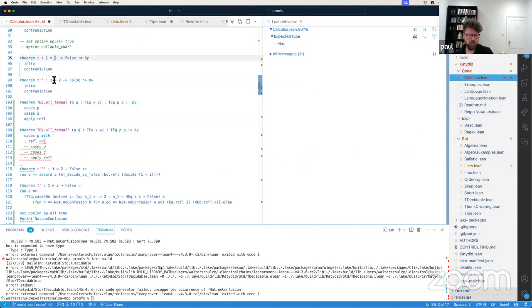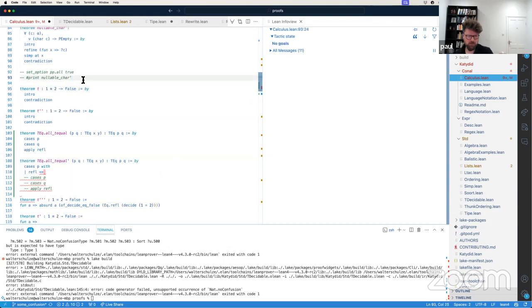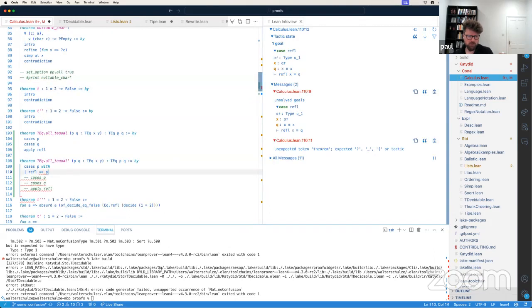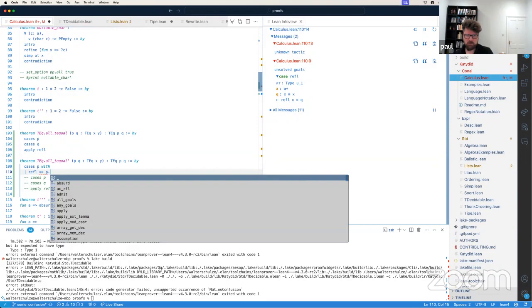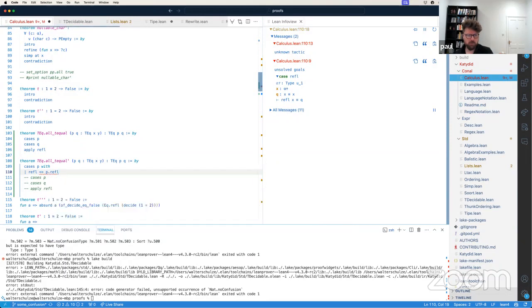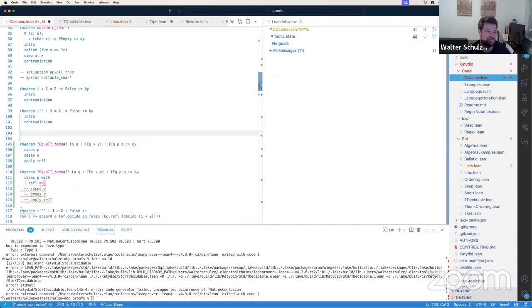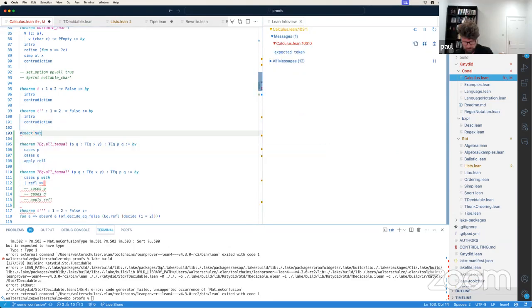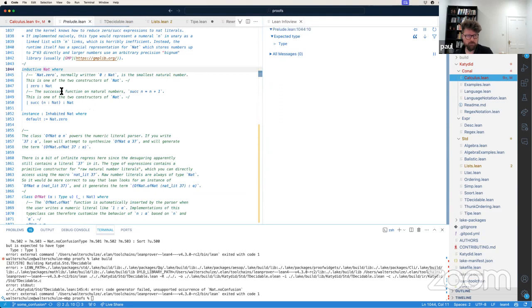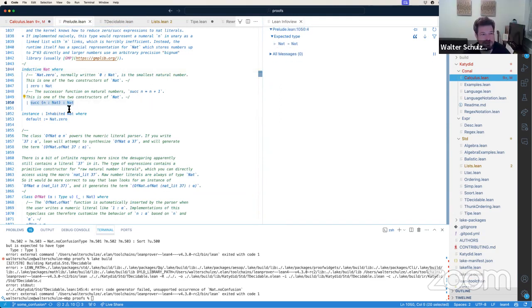Maybe you can get hold of it on P. You say P dot... Or EQ dot refl. You have to use the full name. See here, this is how it is defined, and there we would be able to.